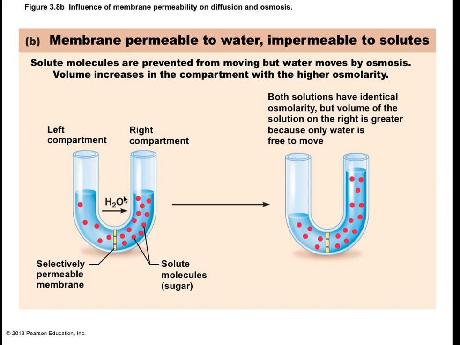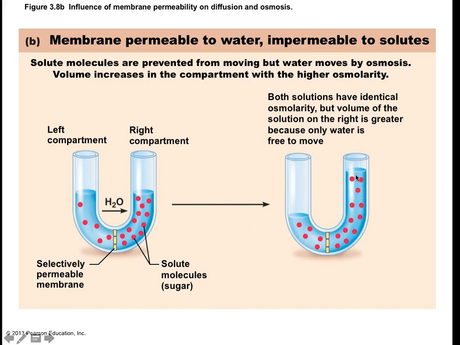So if you can't move the red balls, you can move the water. The water is going to move from high water concentration to low water concentration. As you can see right here, you have more water here, fewer red balls, and you have so many red balls here and actually fewer water molecules. The membrane will allow water to move from high to low.